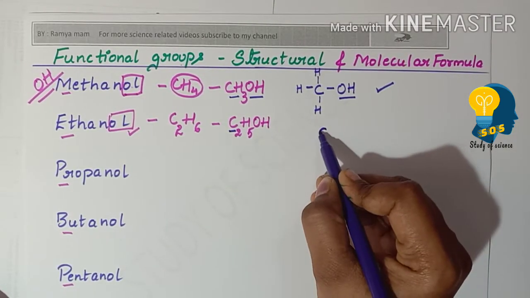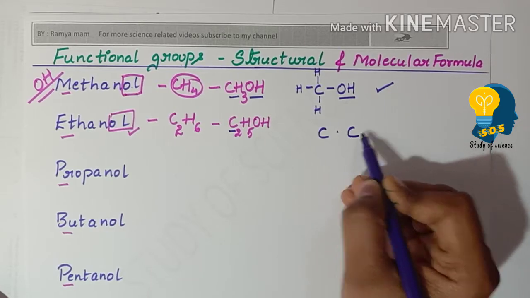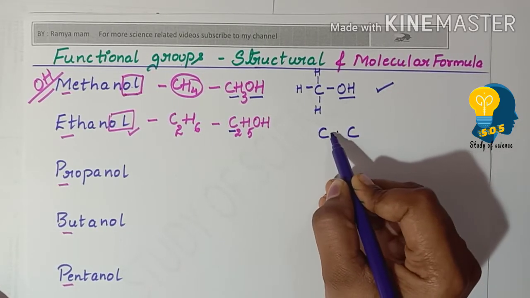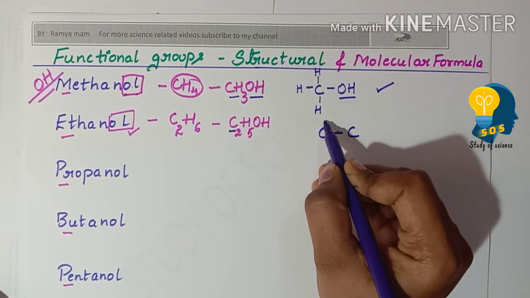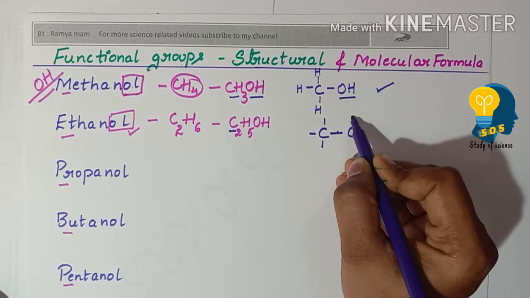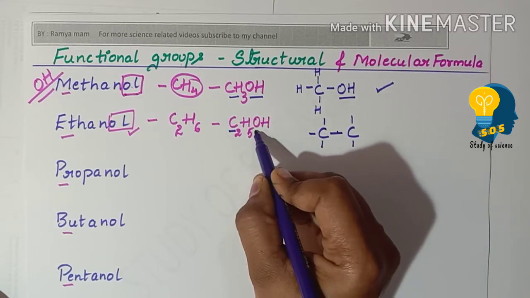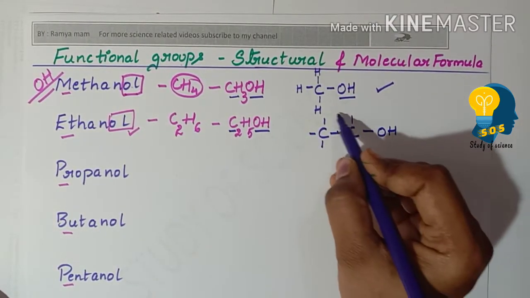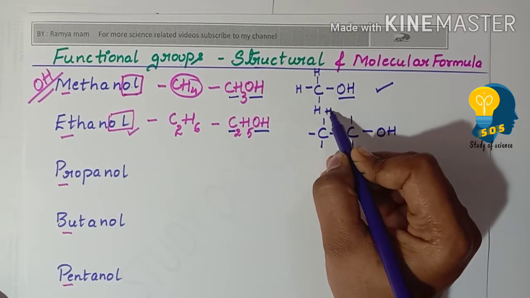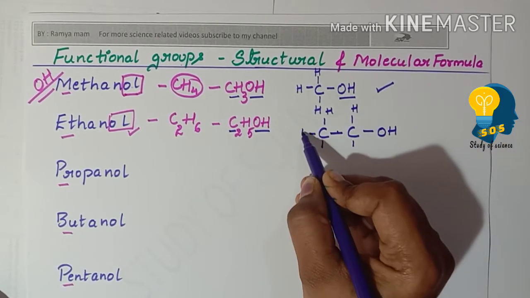Now, moving towards the structural formula, how many carbon atoms are here? 2. So C2, 2 carbon atoms, with a single bond between the carbon and carbon atom. How many hydrogens? 5: 1, 2, 3, 4, 5. And our functional group is OH. The remaining places in this longest carbon chain have to be filled by hydrogen.